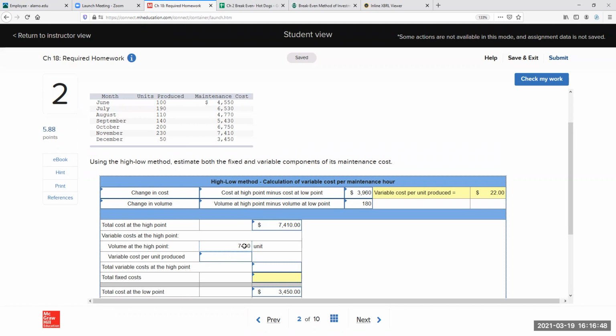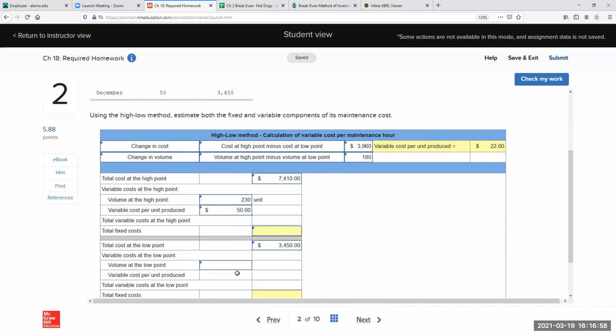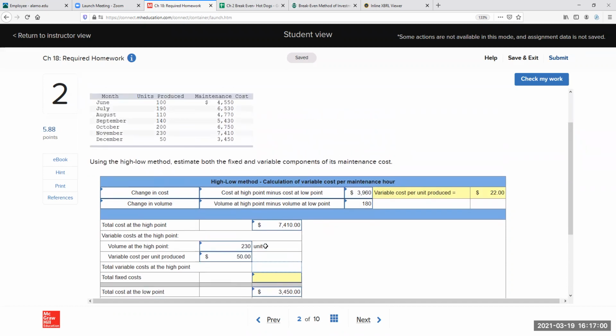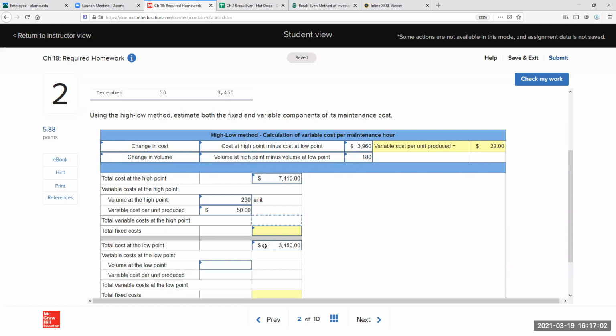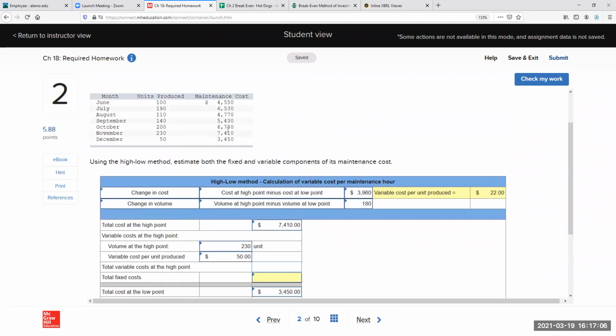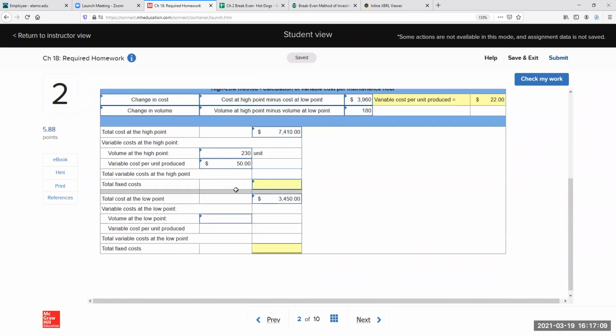Volume at the high was 230. At the low it is 50. All right, and total variable cost at the high. Total cost at the high was 74.10, and total variable cost at the high. Well, I thought that's where I put the 10. No.